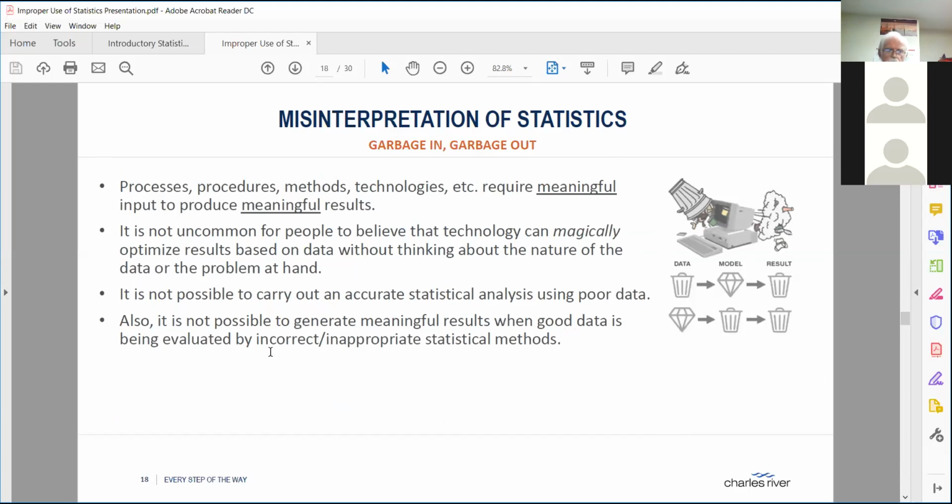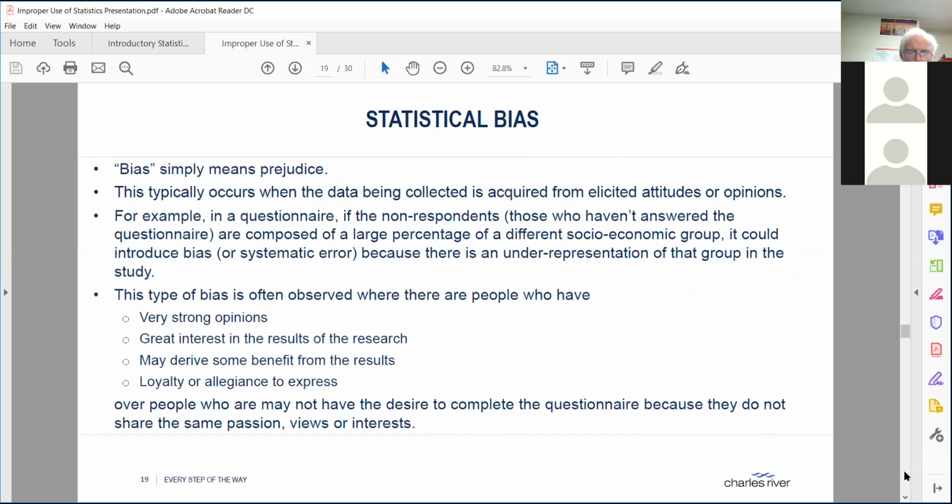Also, we need to use the right technology and the right data, because of the old thing we know, garbage in, garbage out. Bad data, even with a very good model, isn't going to give you a good result. Likewise, good data with a bad model won't give you good results. So we have to match those. Bias is simply prejudice.